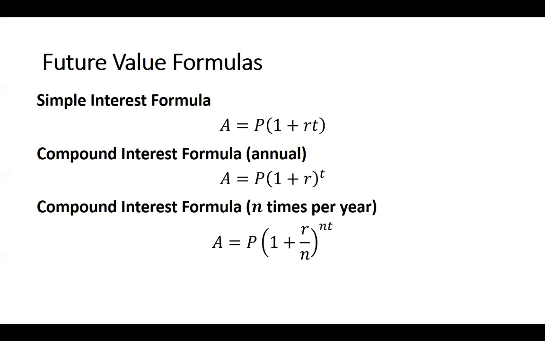And the formula for that, A is equal to P times 1 plus R over N raised to the NT. Now remember, N is the number of times compounding per year. So really what this is doing is it's taking the annual interest rate and dividing it by the number of times you're compounding. So if you have an annual interest rate and you're compounding monthly, take the annual interest rate, divide it by 12, and you actually get your monthly interest rate.